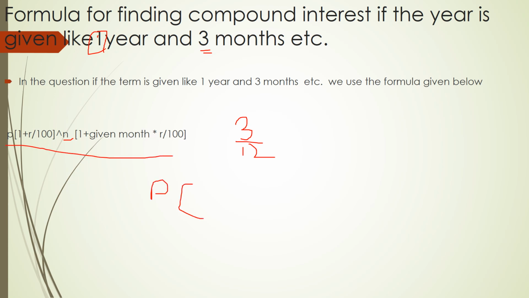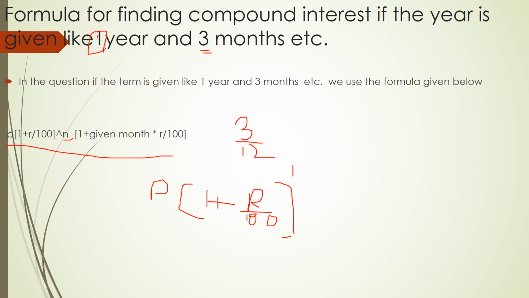P into 1 plus R by 100, the whole power 1. That is, we are given 1 year and 3 months, so we can substitute the value 1 here.